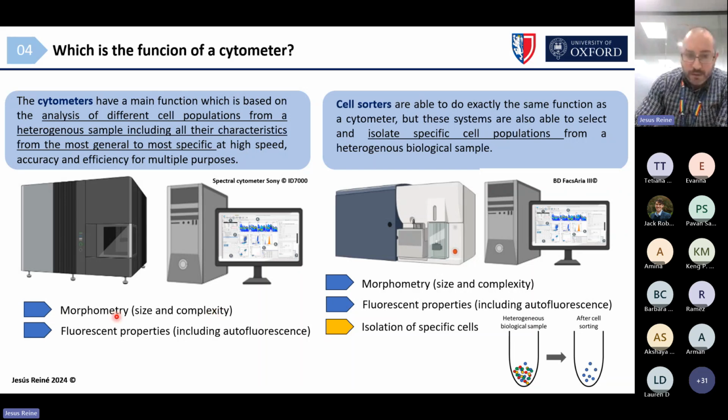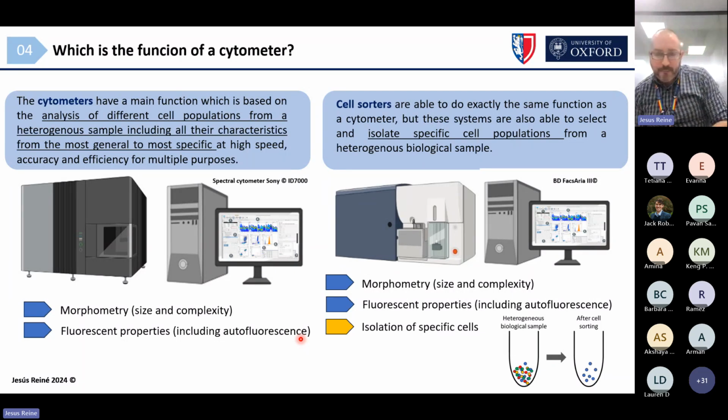In addition, cells can also be analyzed according to their fluorescent properties, including autofluorescence. Some cells usually have a spectral signature as a consequence of certain enzymatic or molecular chemical compounds inside that emit fluorescence.